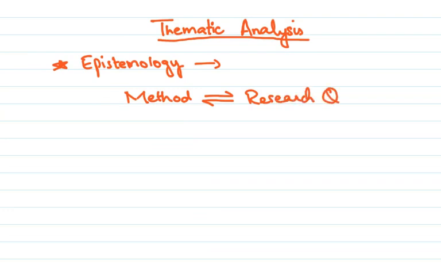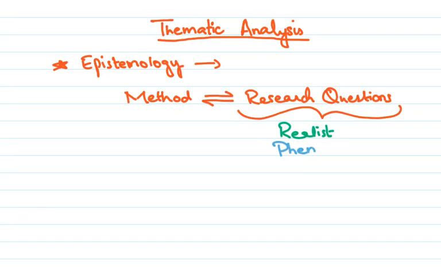Because if your research questions assume a particular kind of epistemology, that could be a realist epistemology, it could be a phenomenological epistemology, or it could be a social constructionist epistemology.